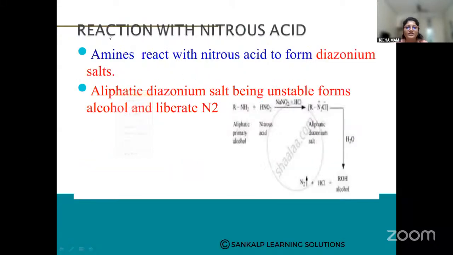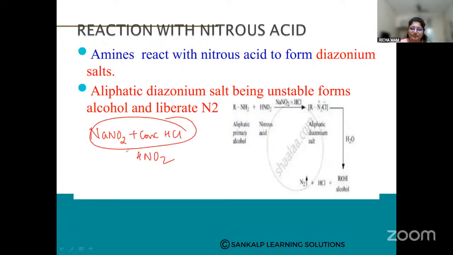So next is the reaction with nitrous acid. Yesterday we were seeing this. When amines react with nitrous acid, how do we get nitrous acid? I have told you, when sodium nitrite, NaNO2, reacts with concentrated HCl, we get nitrous acid, HNO2.